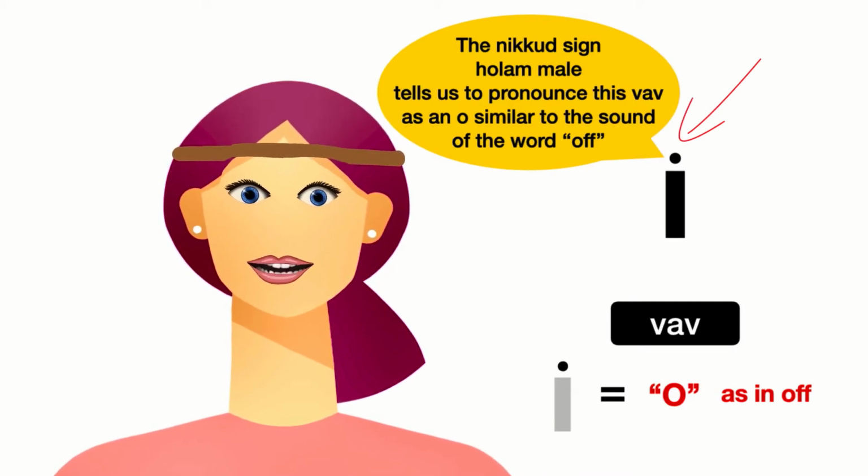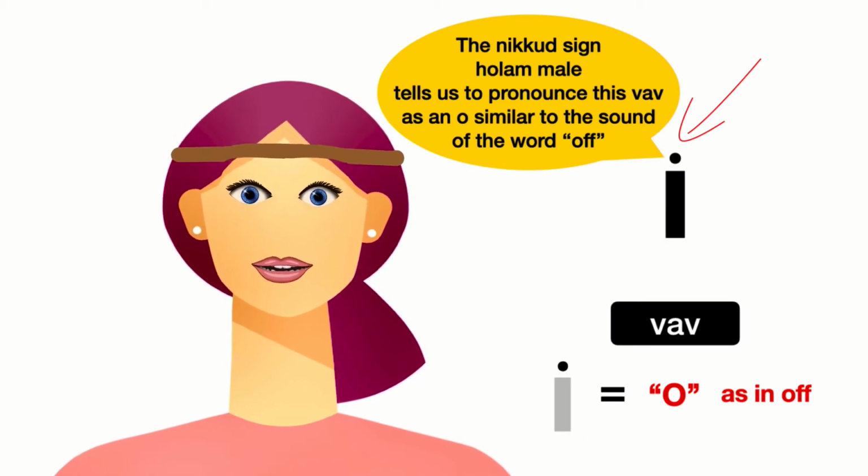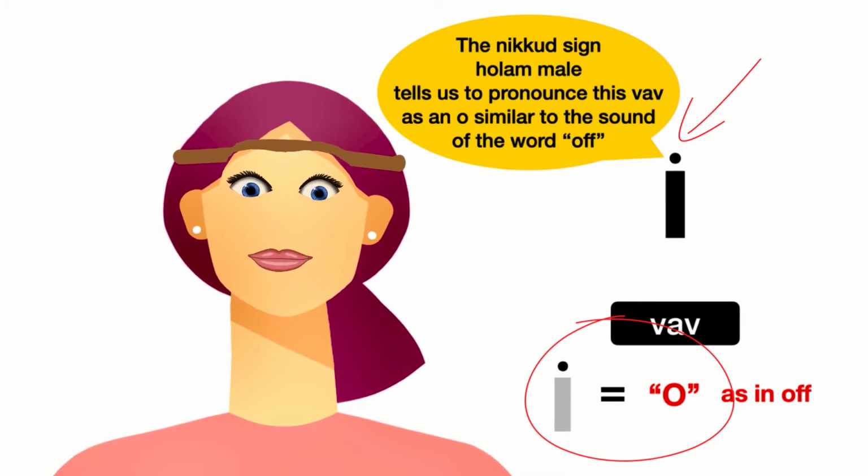This symbol is a dot on top of the letter Vav. It tells us to pronounce the letter Vav as the vowel O, like the O of the word off.